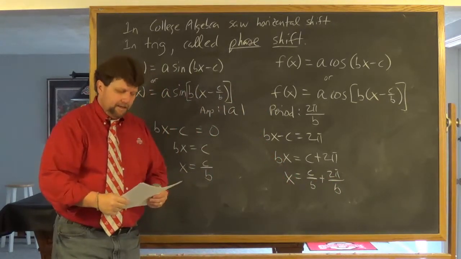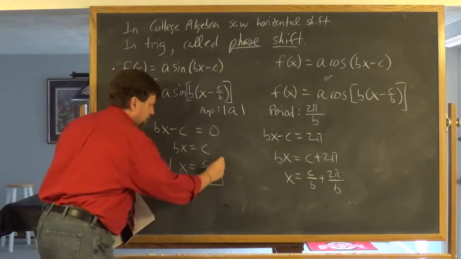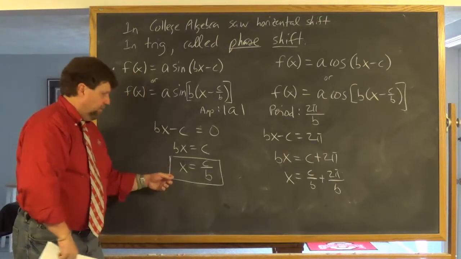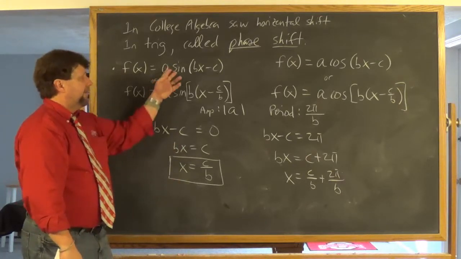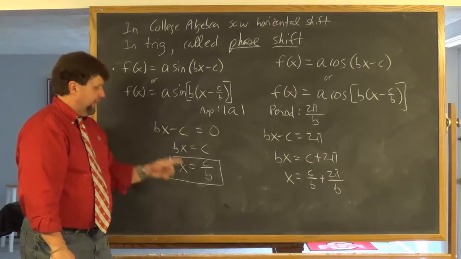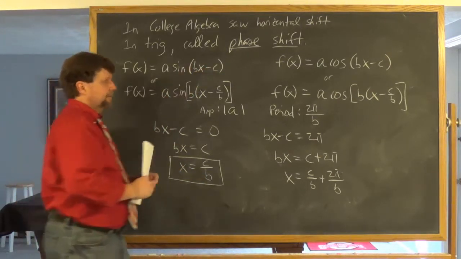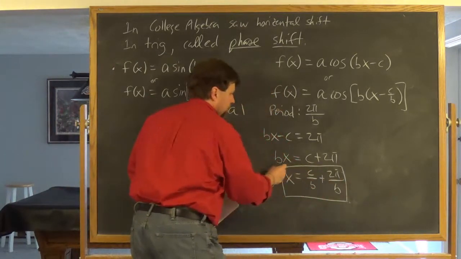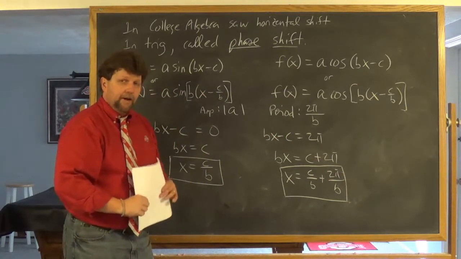What is it we have done here? Good question. This here would be the left endpoint of one period for the graph of this function, this form or this form. That would be the left endpoint, whatever c divided by b is. This here is the right endpoint of one period, the graph of one period.